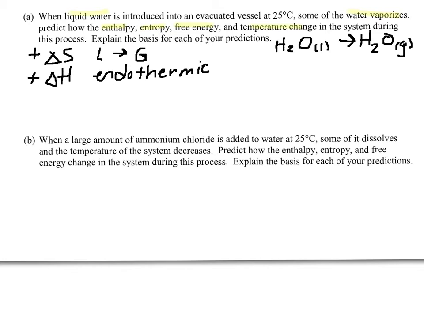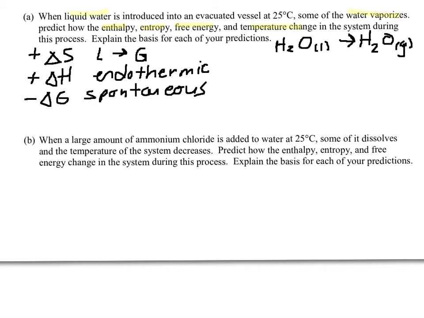I didn't really have to do anything to it, so it's a spontaneous reaction. That means delta G should be negative. And to figure out the temperature change, anytime you have water evaporating, it removes energy from the system. It's a cooling process, so the temperature should decrease a little bit.